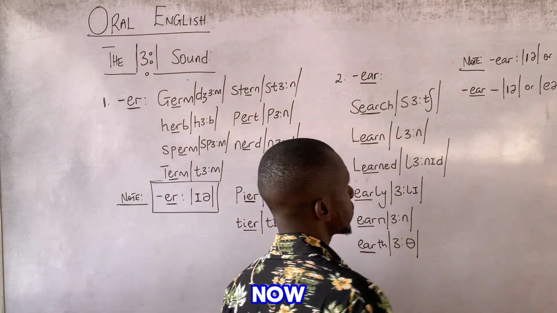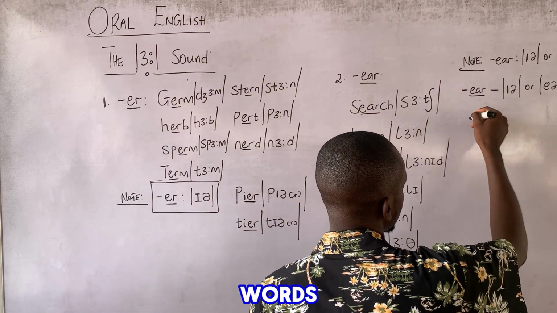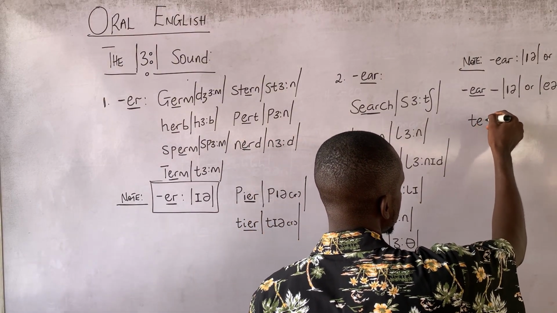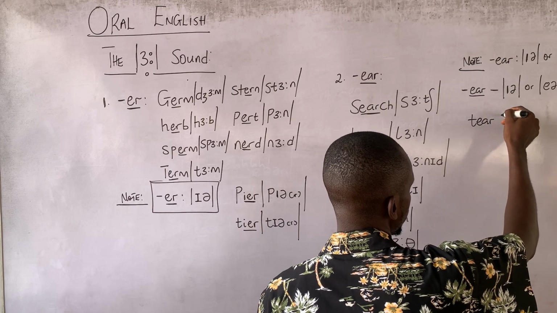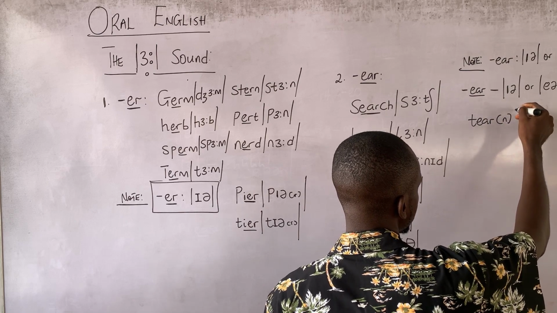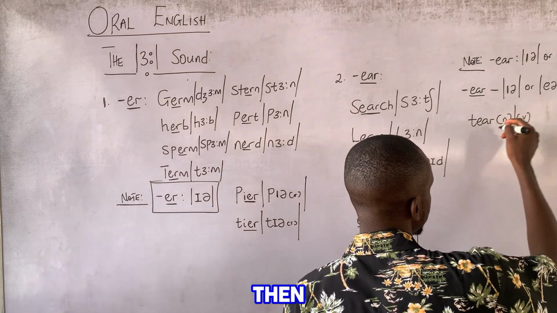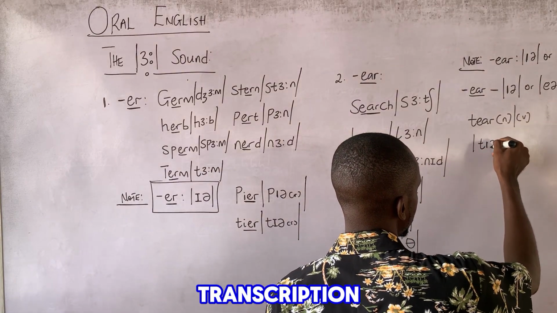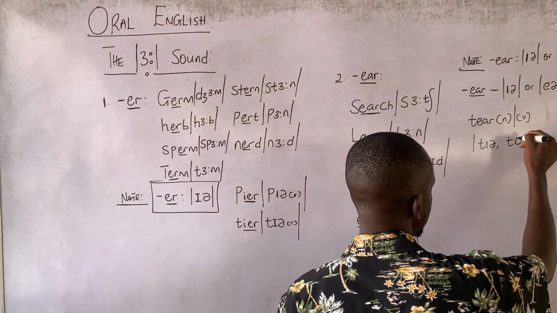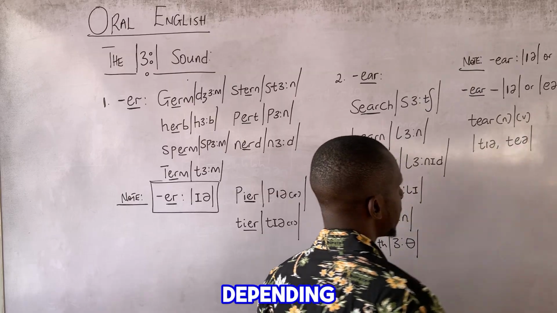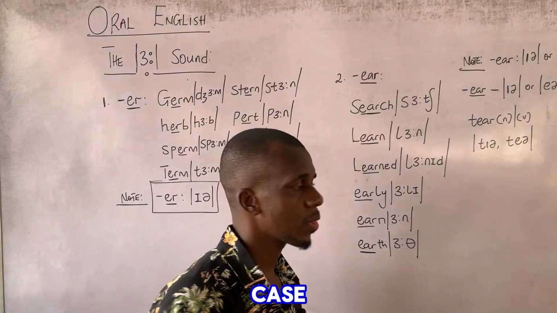All right. Now we find it in words like TEAR, which could either be a noun or function as a verb, and then it will have a transcription that is either this or this, depending on the case. Okay?